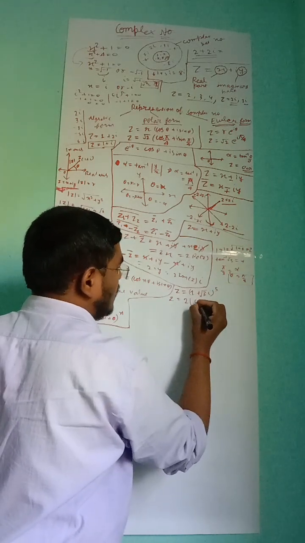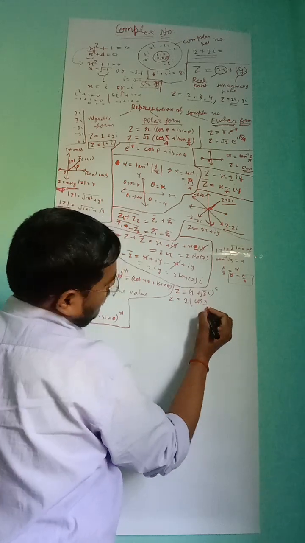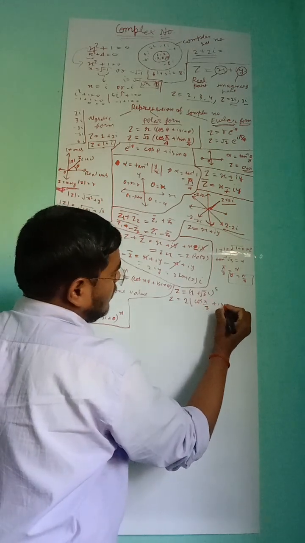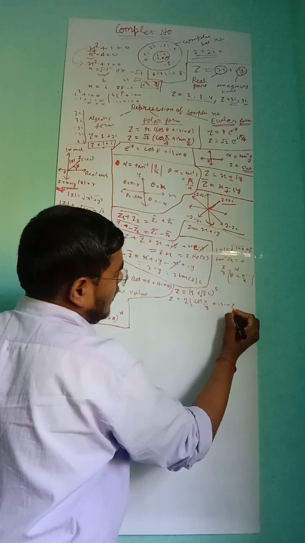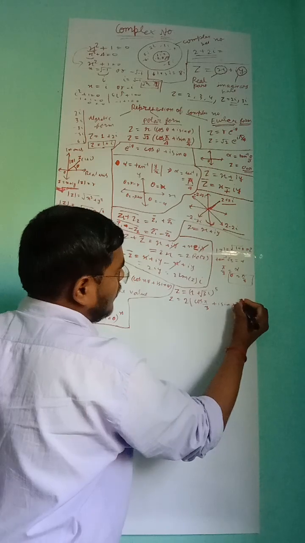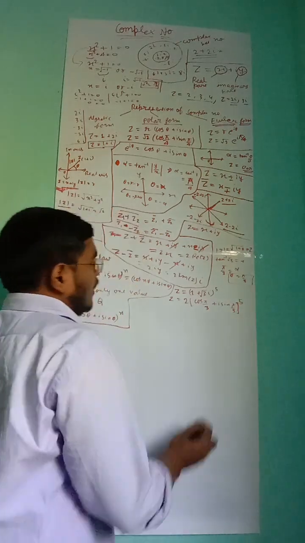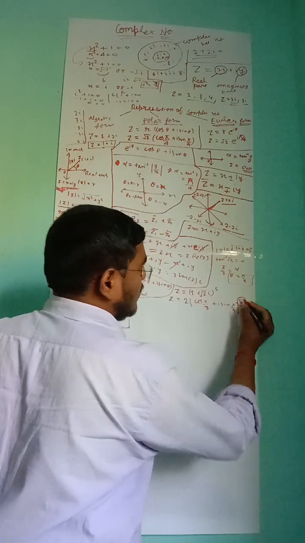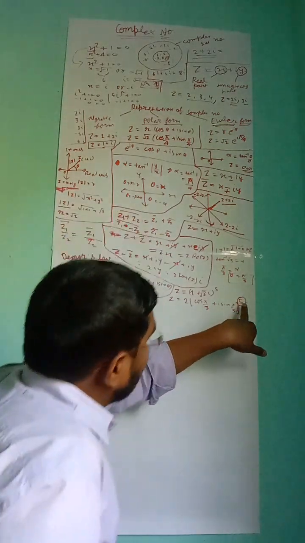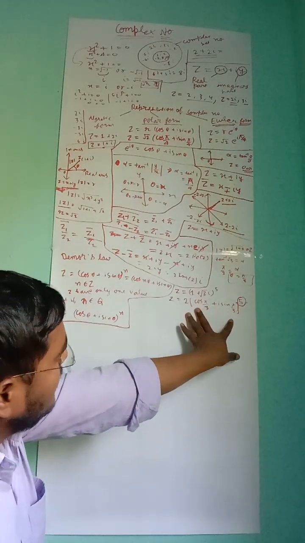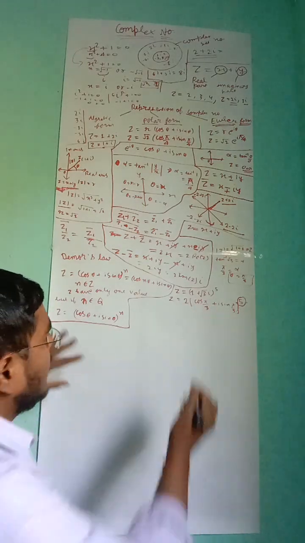So now cos pi by 3 plus I sin pi by 3, power 5, because this number is an integer, so we multiply it 5 times.